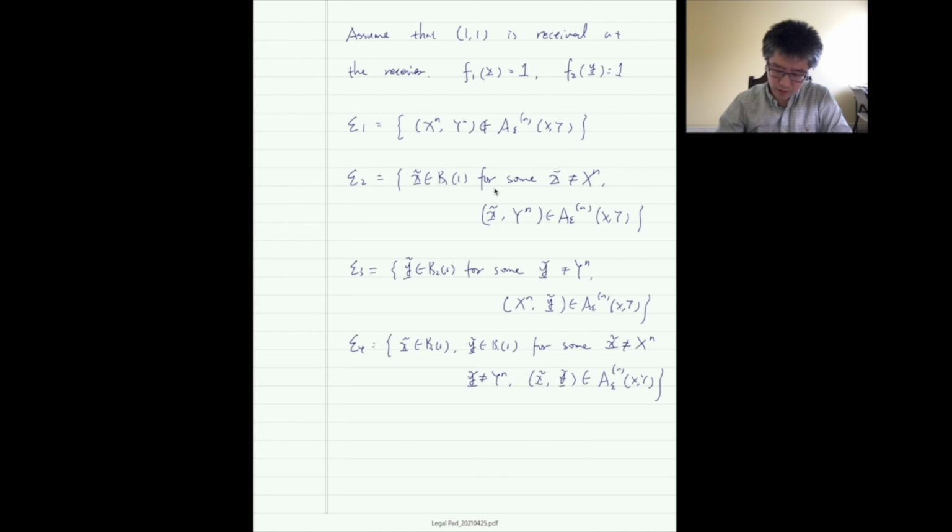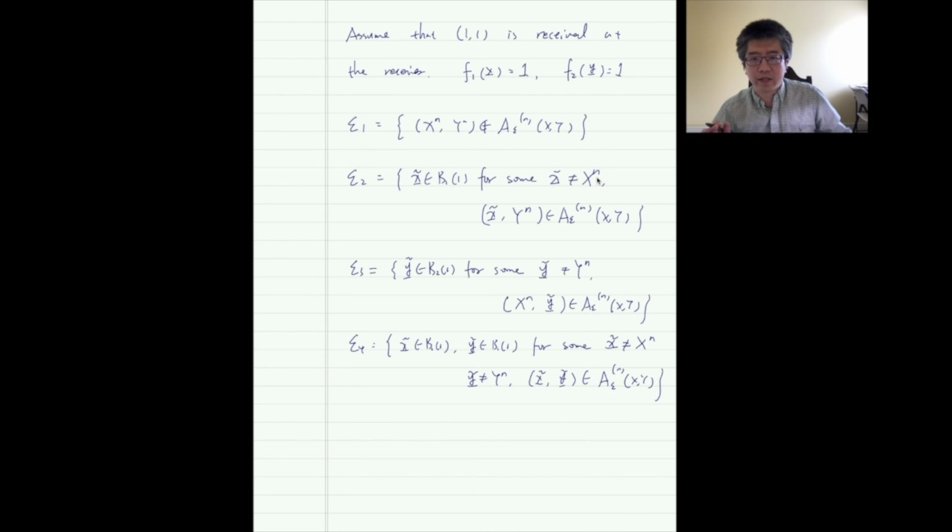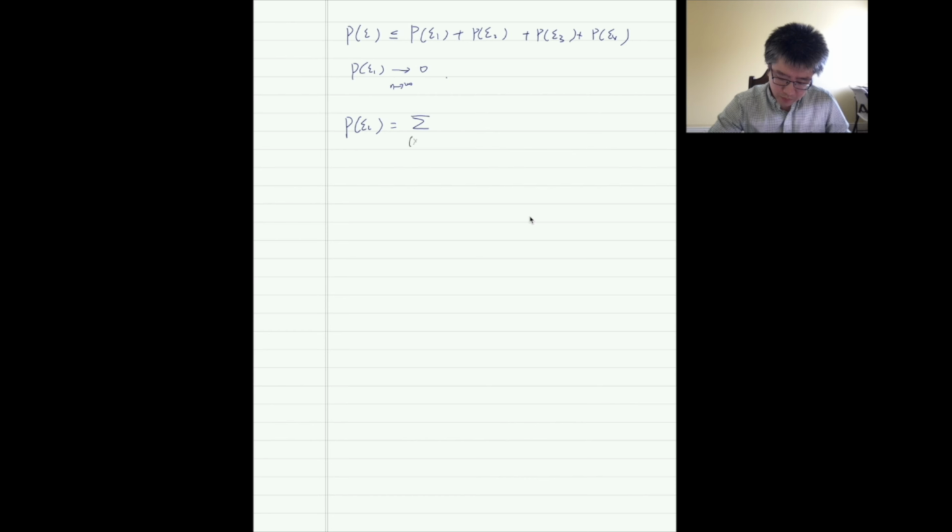The random variables are xn and yn, so we need to do a summation over all the possible x and y, and then compute the probability that x tilde is in B11 for some x tilde not equal to x, and x tilde and y are in the joint typical set.